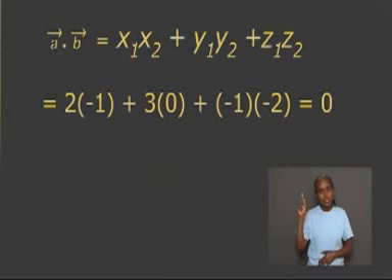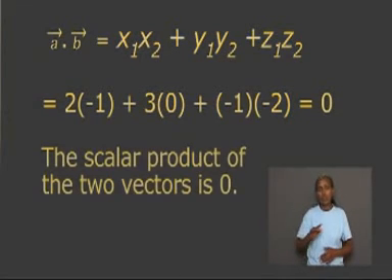This is our formula. When we substitute the appropriate values, we are left with the equation 2 times -1 plus 3 times 0 plus -1 times -2.